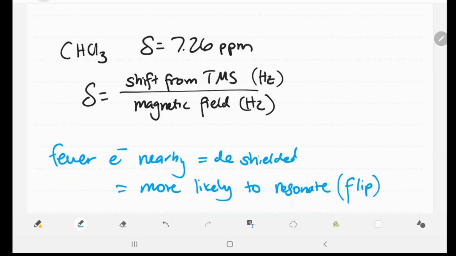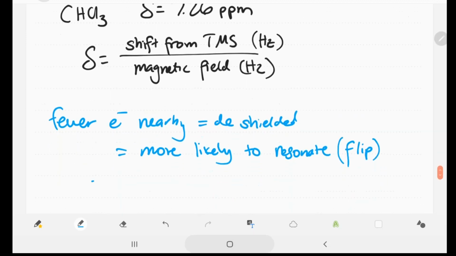That means you're flipping from being aligned to being opposed to your magnetic field. So the more deshielded you are, the bigger your shift from TMS is. We say that TMS is our zero point.